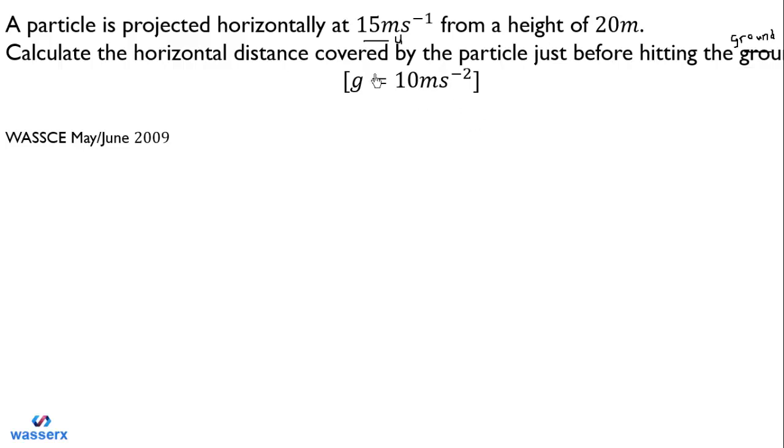So we are supposed to take gravity due to acceleration to be equal to 10 meters per second squared. So let the horizontal distance be r, and the time that it takes to cover that distance be t.